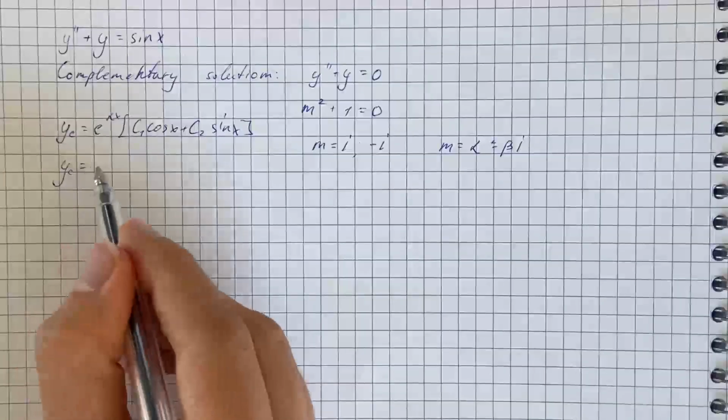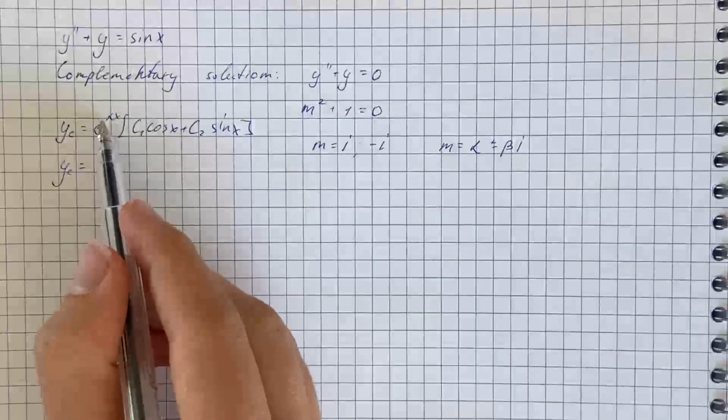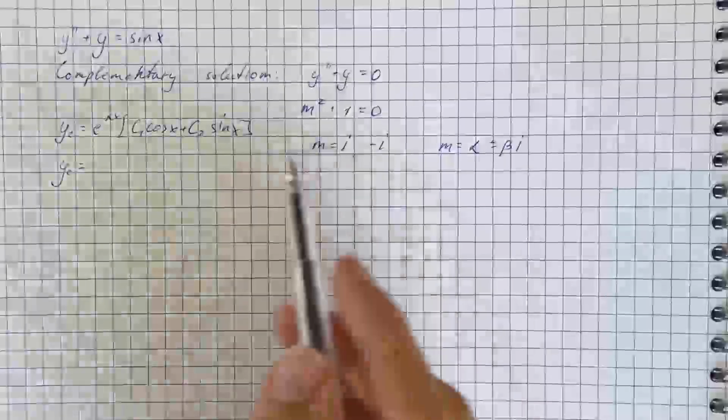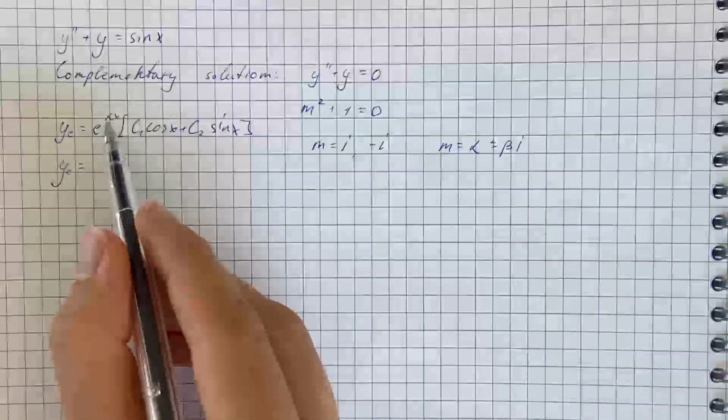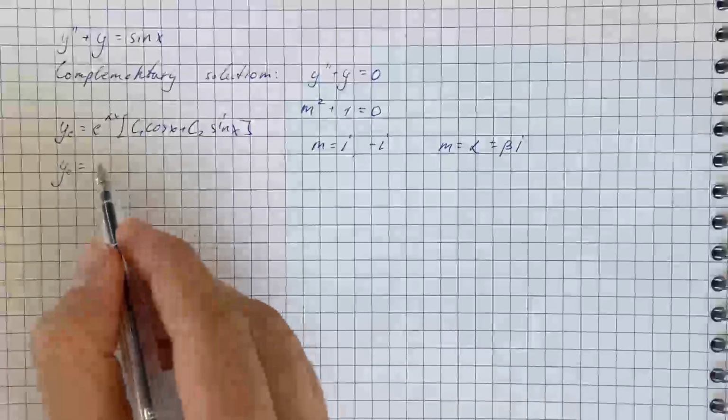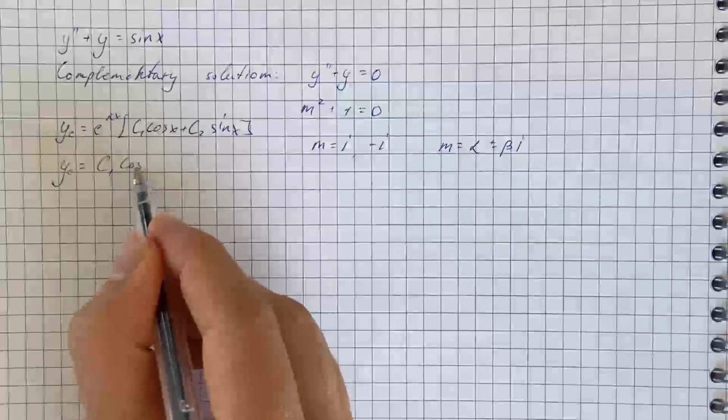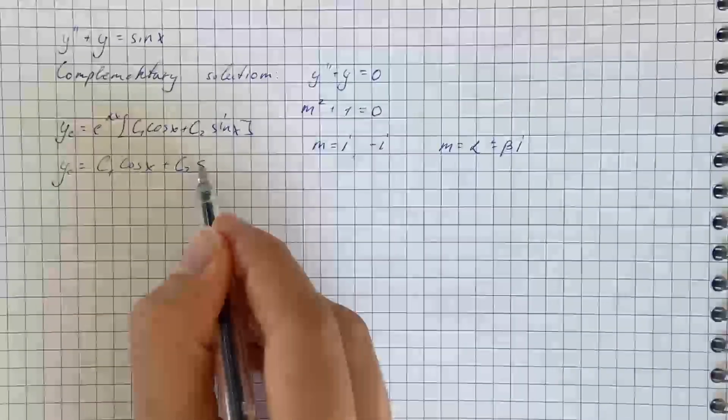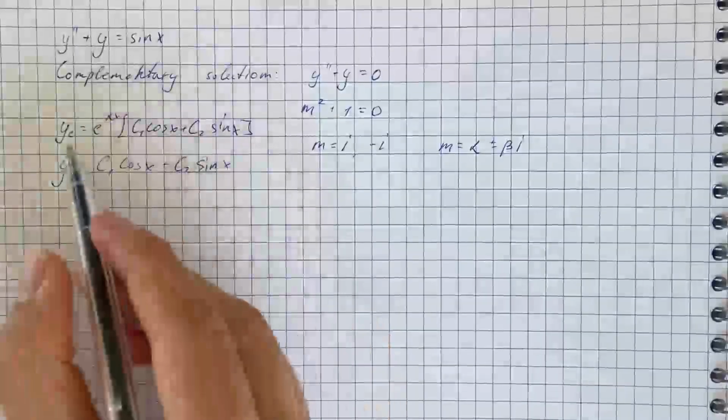So if we substitute 0 instead of alpha, because in our case alpha equals 0, we get e to the power of 0, which is 1. So the complementary solution is c1 cosine of x plus c2 sine of x.